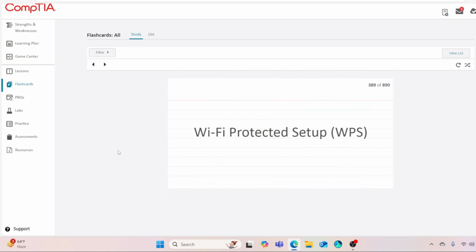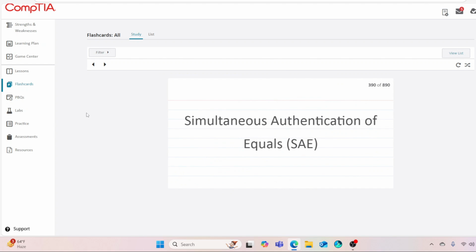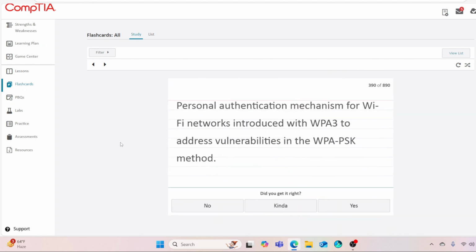Wi-Fi protected setup. A feature of WPA and WPA2 that allows enrollment in a wireless network based on an 8-digit PIN. Simultaneous authentication of equals. Personal authentication mechanism for Wi-Fi networks introduced with WPA3 to address vulnerabilities in the WPA PSK method.